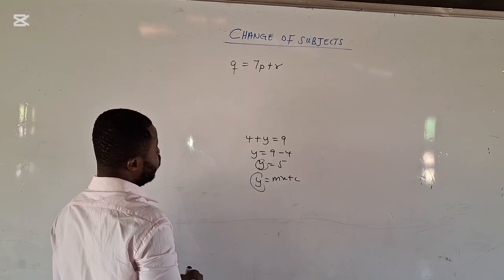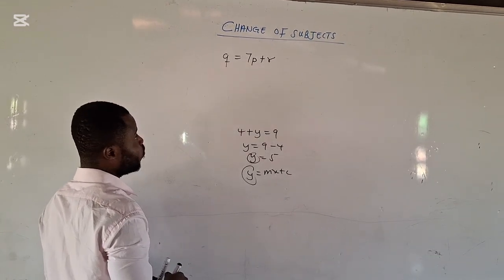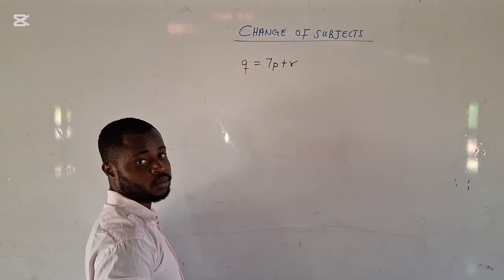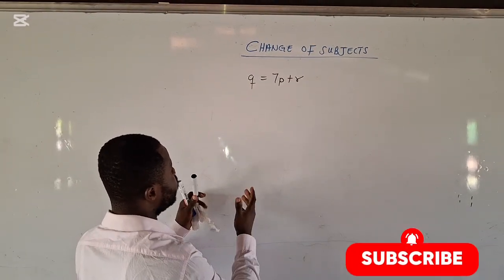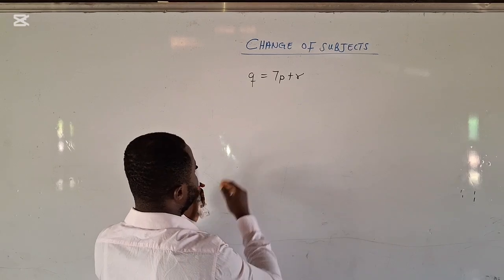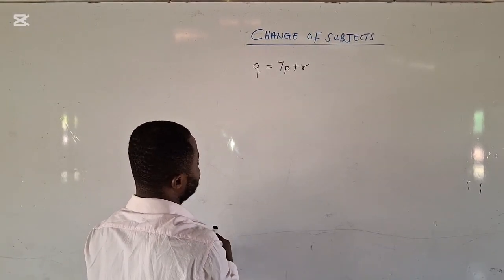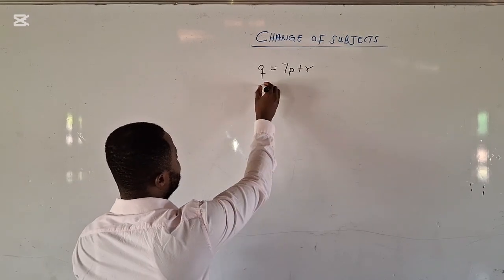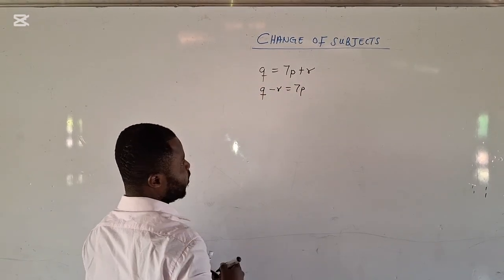We can see that we have 7p plus r, so the first thing we have to eliminate is the r. You all know when a positive variable or number crosses to the other side it becomes negative. So we have Q minus r is equal to 7p as the first step.